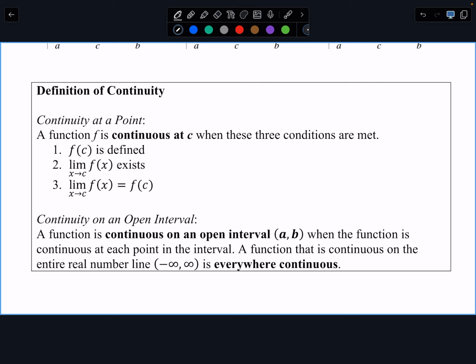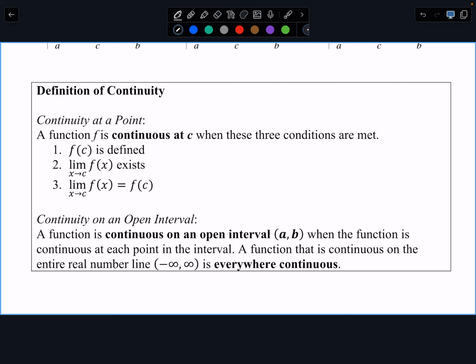If one of the checks isn't checked, if one of those conditions fails, then the function would be discontinuous. But it's in using this definition to determine if the function is continuous at a point that you can determine what type of discontinuity would occur.